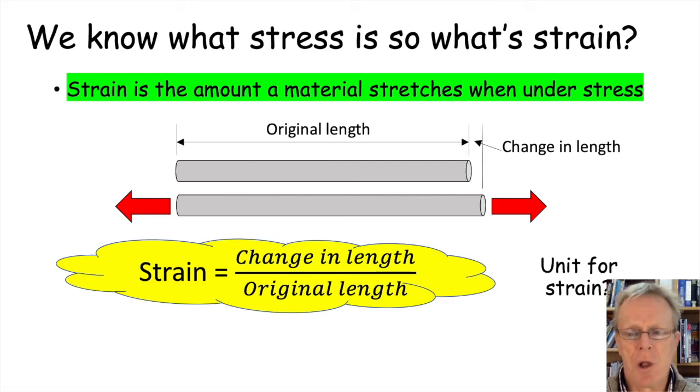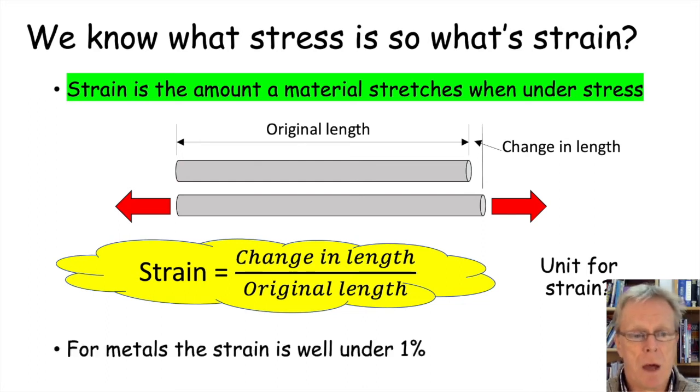Because you've got length divided by length, strain is actually a ratio. It doesn't actually have any units. So if it's millimetres change in length divided by the original length in millimetres, it doesn't matter. They cancel out. So strain is just a ratio. And the other thing to be aware of is that for metals, the strain is normally well under 1%.